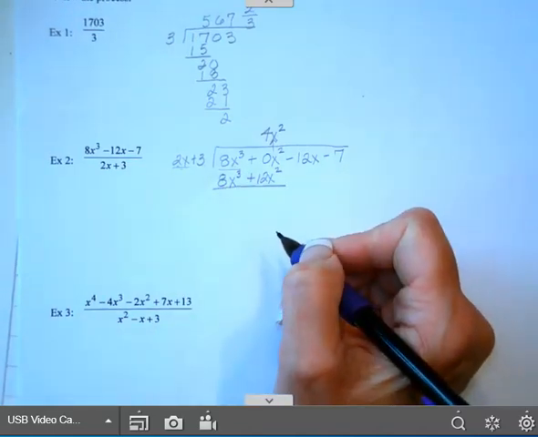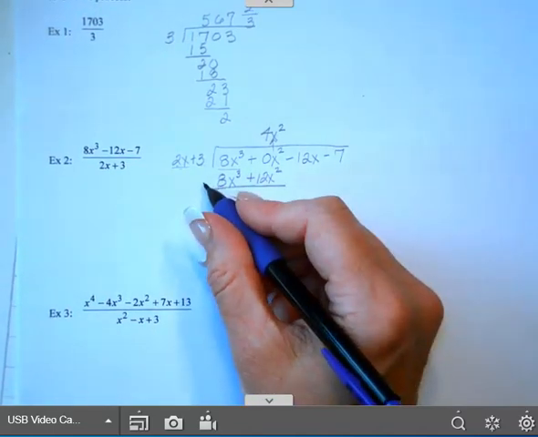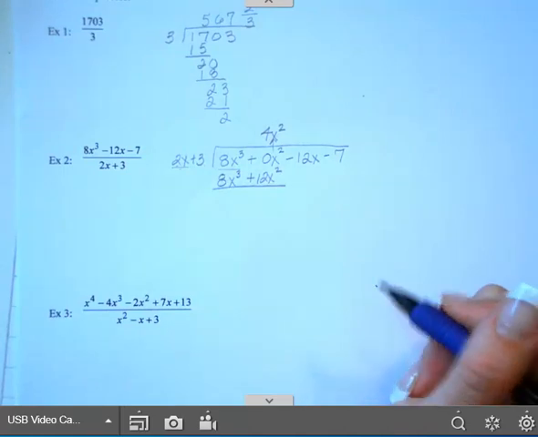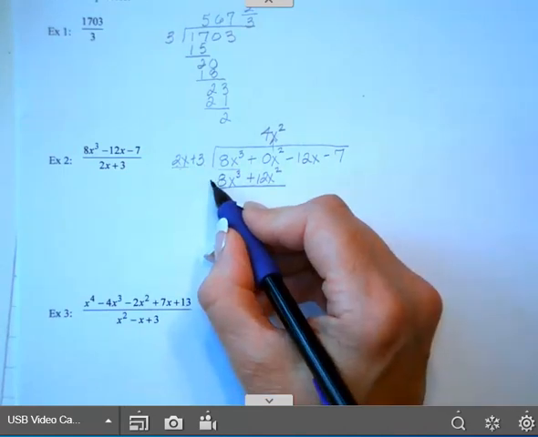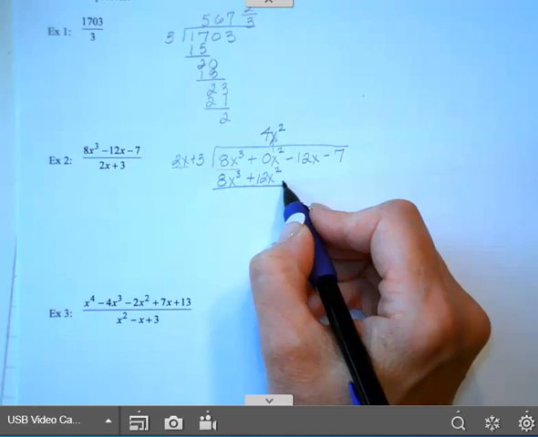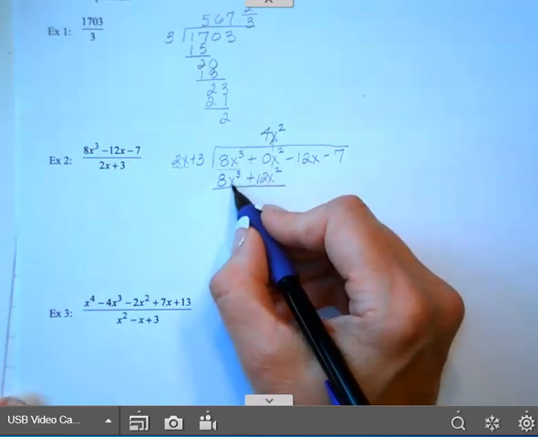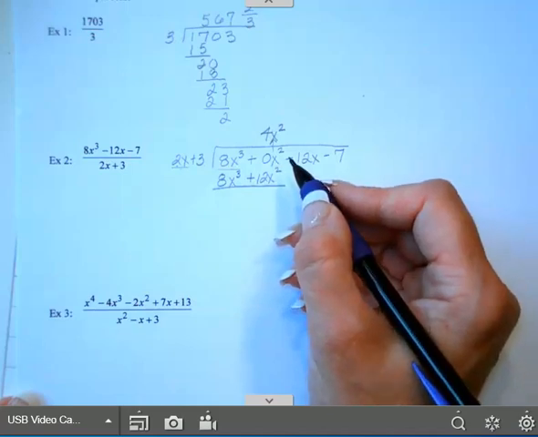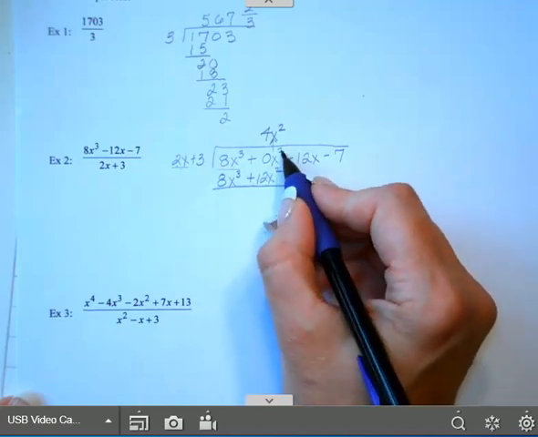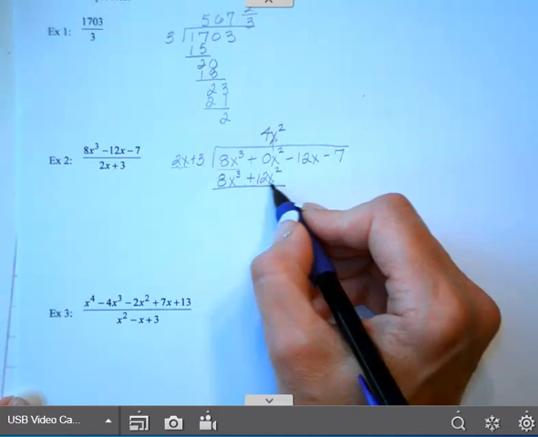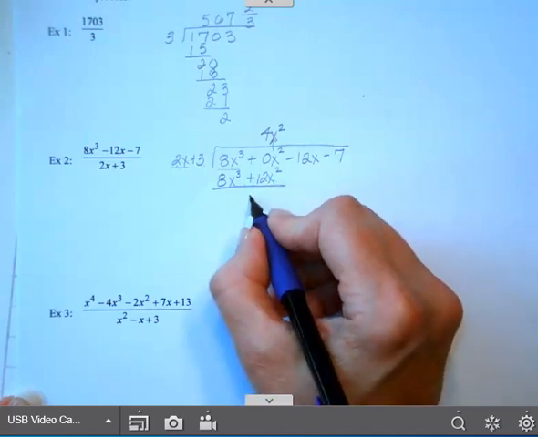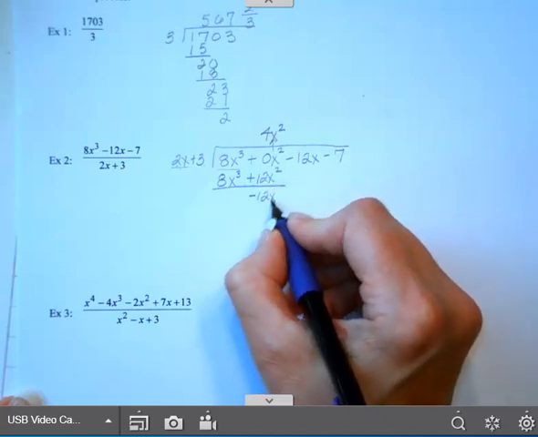And now I subtract. I'm not going to put a subtraction sign. I'm just going to remember I subtract. If you put a subtraction sign here, make sure you put this in parentheses and remember to distribute it. This is going to be 0x cubed, so I don't need to write that. 0x squared minus 12x squared gives you negative 12x squared.